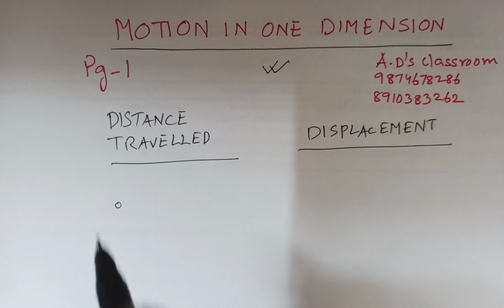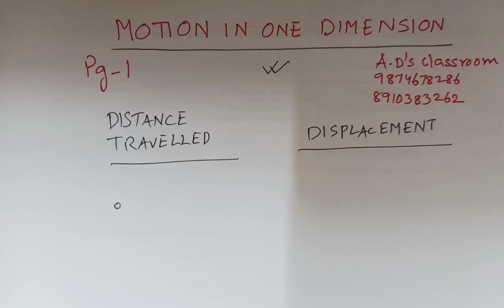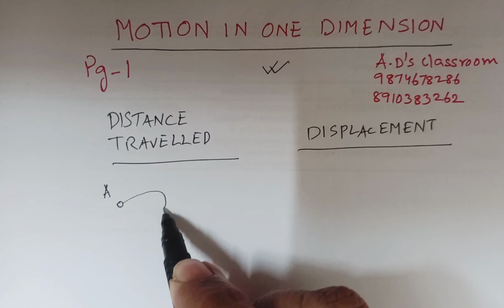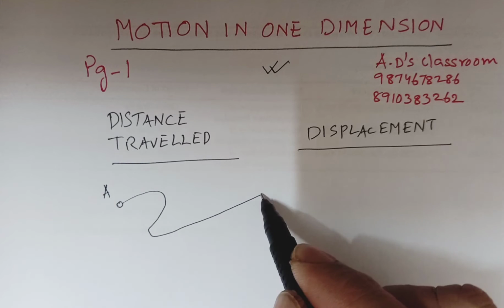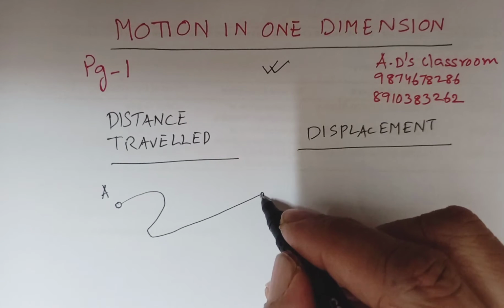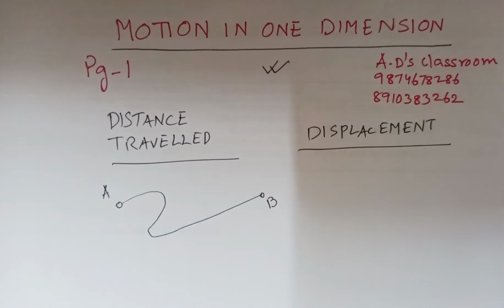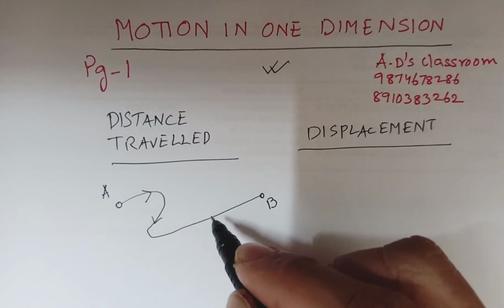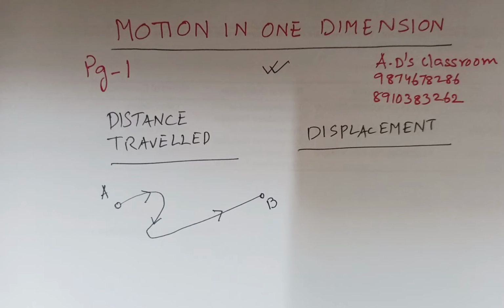Now, this is the initial position of a body. Let it be A, and this is the path traveled by the body, and this is the final position B. This is the total path traveled by the body. So what is basically distance?